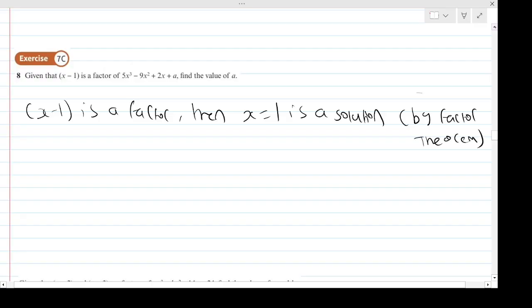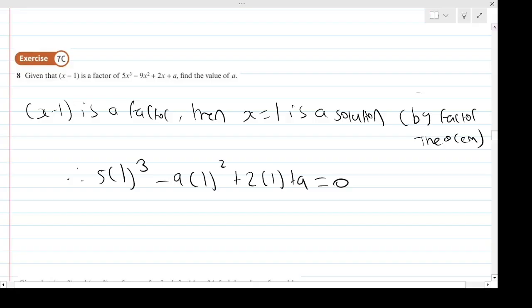Well, if that's a solution, then we plug x is 1 into here and make it equal to 0. So therefore 5 lots of 1 cubed minus 9 lots of 1 squared plus 2 lots of 1 add a, and if it's a solution, it's equal to 0.